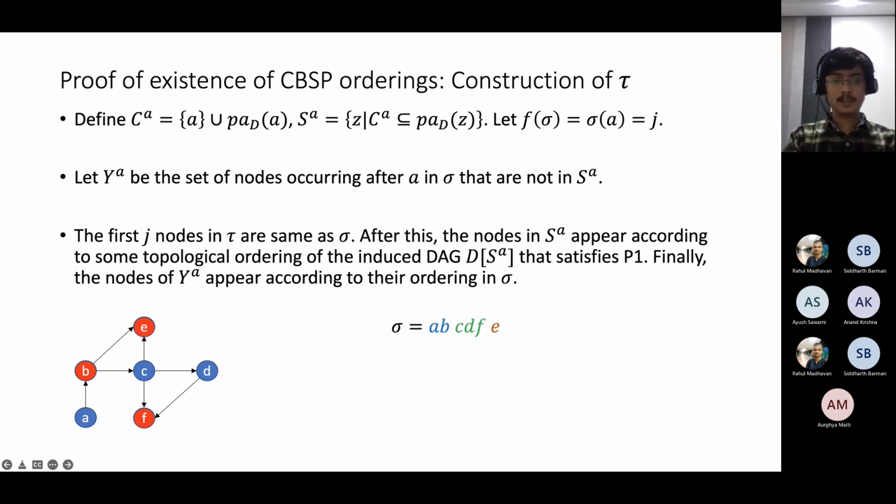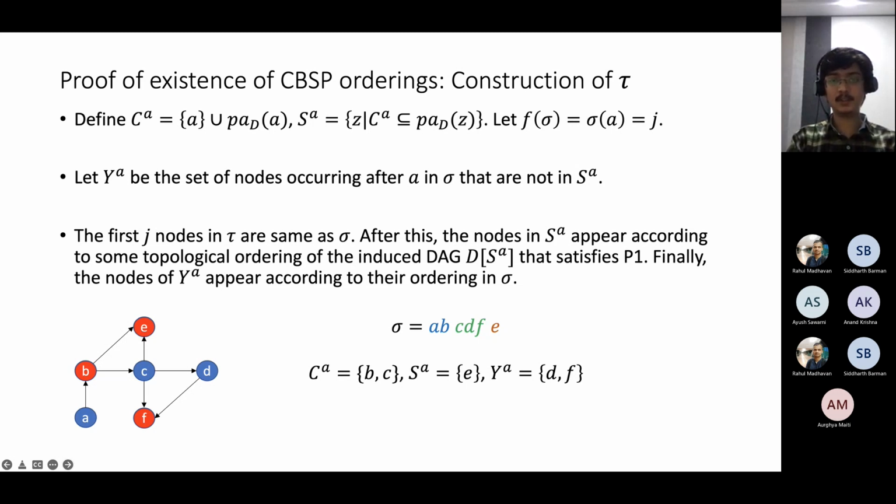But B is a parent of C, but not a parent of D. Therefore, CA should be B, C because the parents of C are just B, and therefore CA becomes B, C.